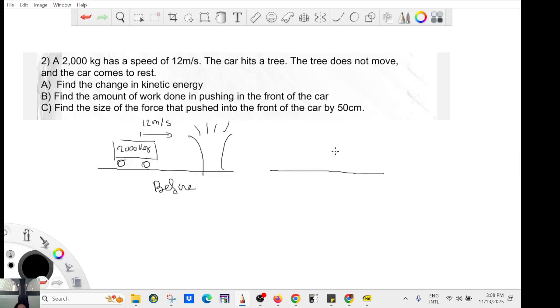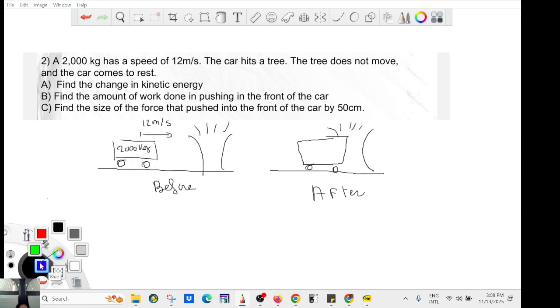And after the car goes into the tree, all that kinetic energy is going into the tree, applying a force over a distance. So now it stops. It goes into the tree by 50 centimeter and it stopped.